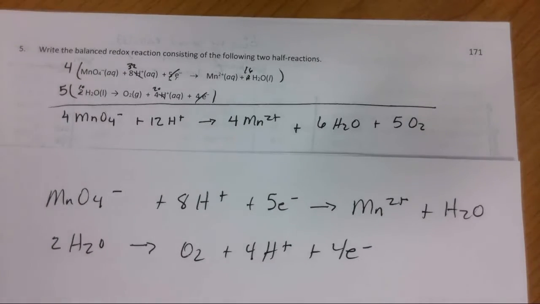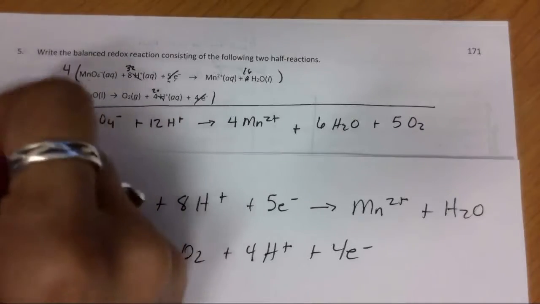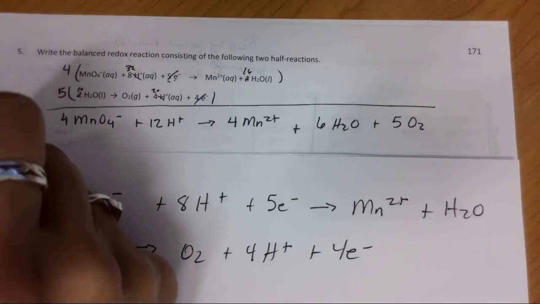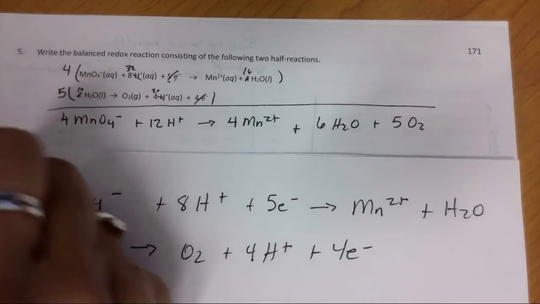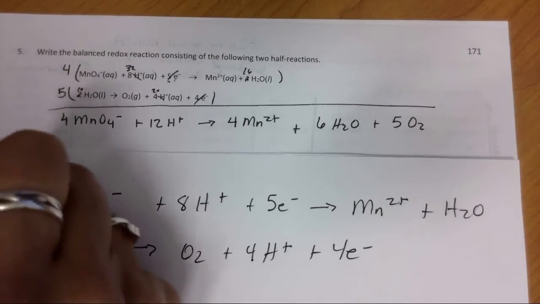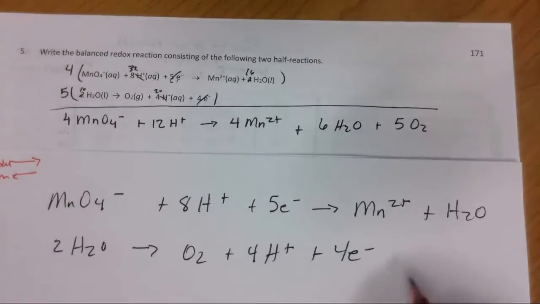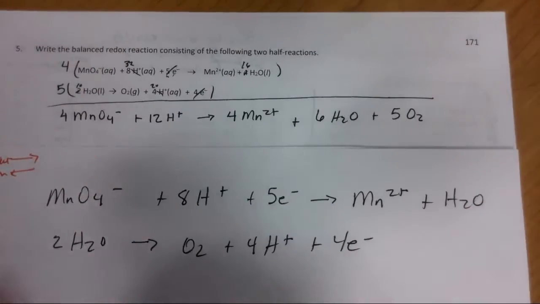Remember what I told you before: if we have a spontaneous reaction, then cathode is here, anode is going this direction, and cathode's always on top. So that's what we're assuming that we have, right?